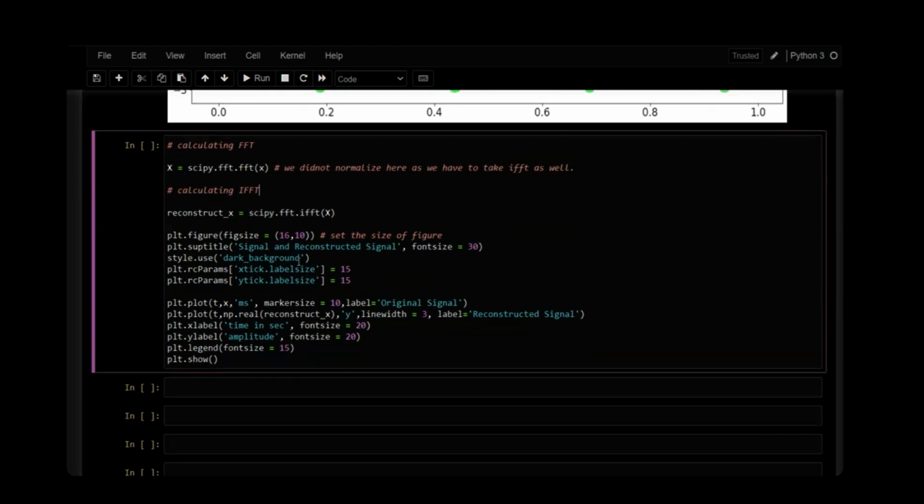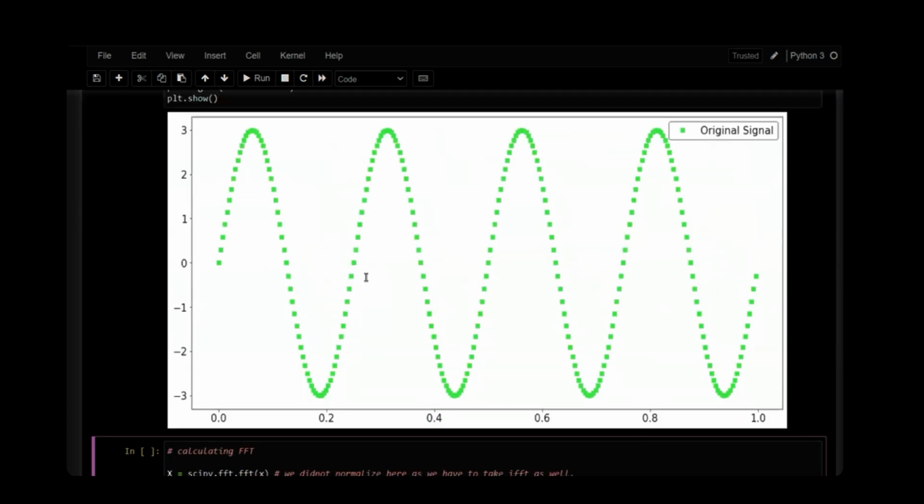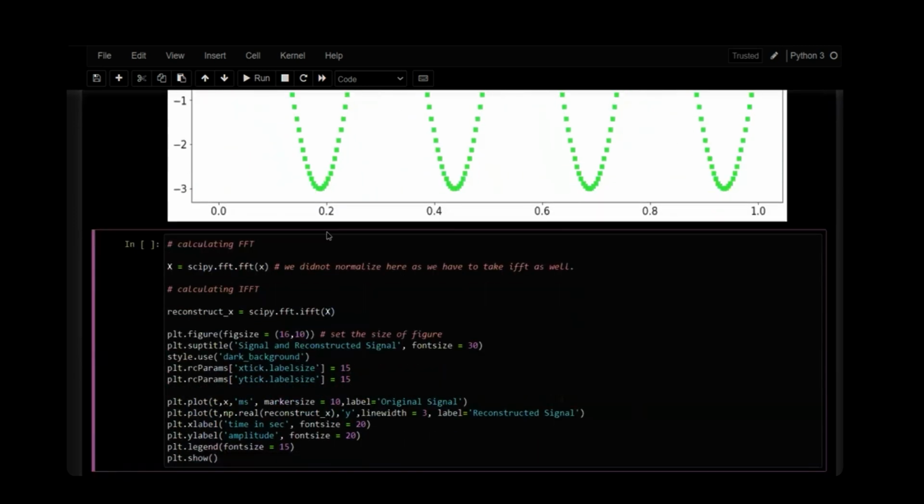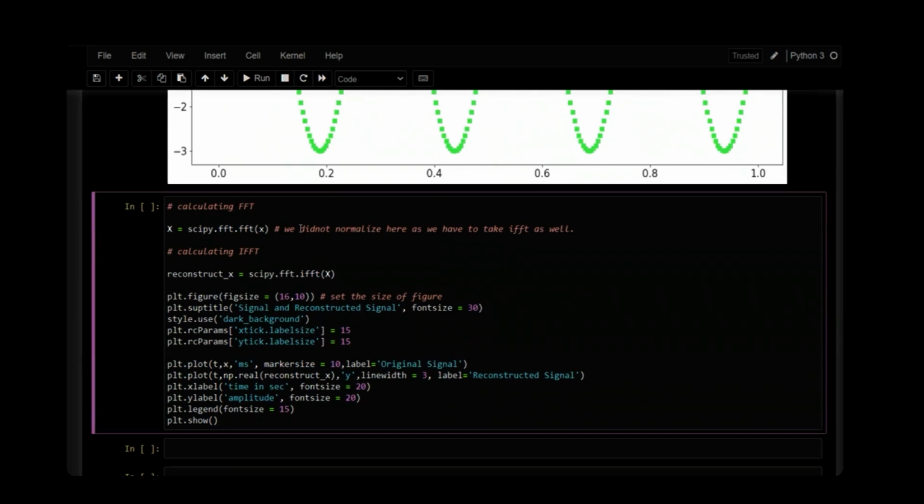Now, we have to see whether we have successfully recovered this signal or not after going through the Fourier transform and the inverse Fourier transform. So now what are we doing here? We are plotting again our original signal X and then our reconstructed signal. And we are plotting the real part of the reconstructed signal. The reason is that our original signal is a real valued signal. It does not have any imaginary part.